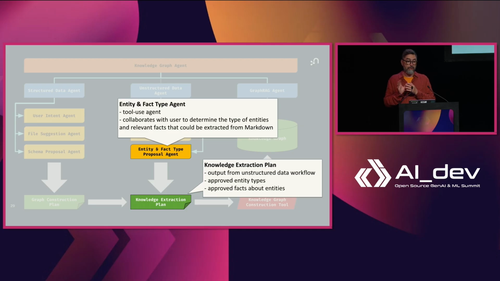So rather than executing on 1 million files, you do this on a subset of the files to figure out what are the kinds of things that are available here, and also what are the kinds of facts that are available, put that into a plan, and then ask the user, here's what I think is available, here's how I think it correlates with the structured data that I have, does this all look good to you?